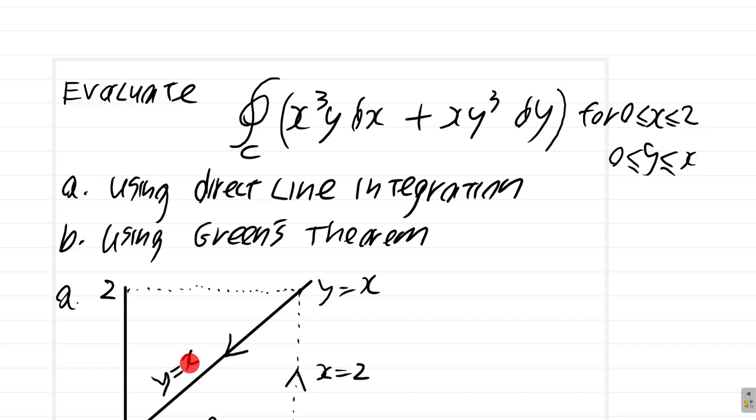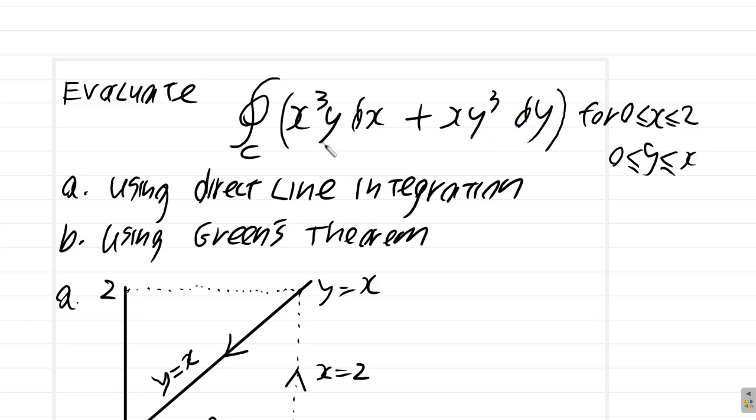So this would be y equals x. So you would change this to x and this to x cubed, then the dy. If you find dy by dx, you get 1. So dy is dx, so you just change this to dx. So you'd get x cubed times x dx plus x times x cubed dx.